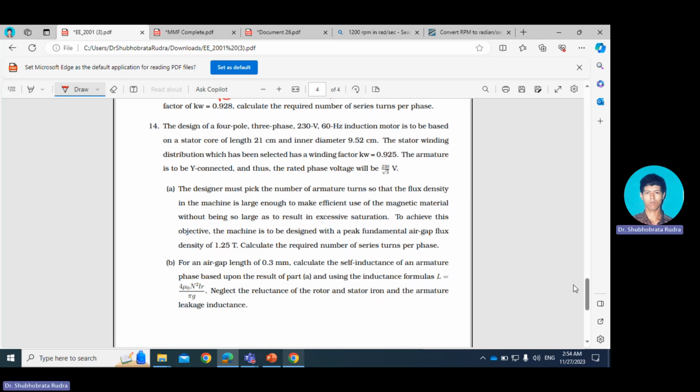So number of series turns per phase is, in some books you write TPH, in some books you write N, right? So they are the same thing. Don't get confused that they are different. So how should we proceed? Here we can use this formula.